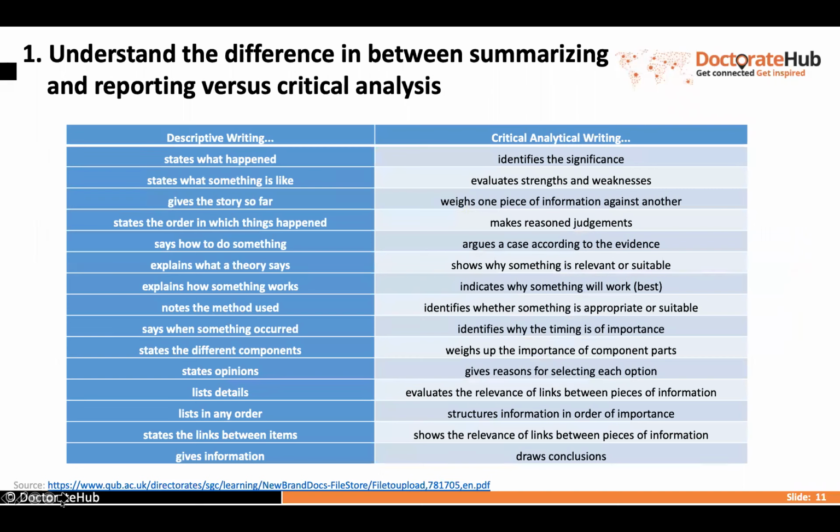Now, in a nutshell, I found this overview that shows the differences between initial descriptive writing and critical analytical writing. I think that it really easily allows you to spot where you are and where you perhaps still need development and focus.